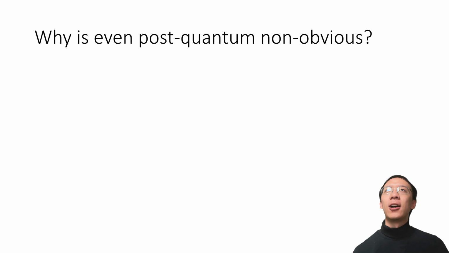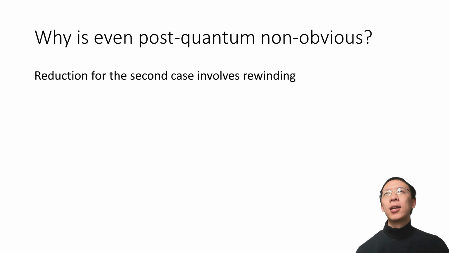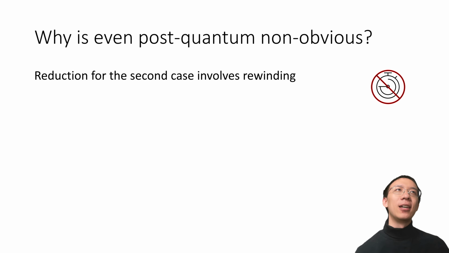Okay, so before moving on to fully quantum, one naive question you may have is, can we adapt this to post-quantum already? And it turns out even doing this for post-quantum is not obvious. The reason for this is essentially, if you look at the reduction for the second case, it involves rewinding. And unfortunately for a quantum adversary, there is a notorious no-rewinding law which forbids you from generally rewinding a quantum adversary.